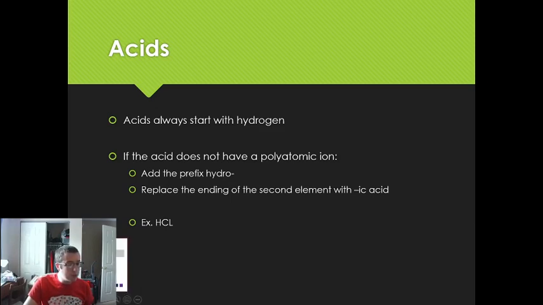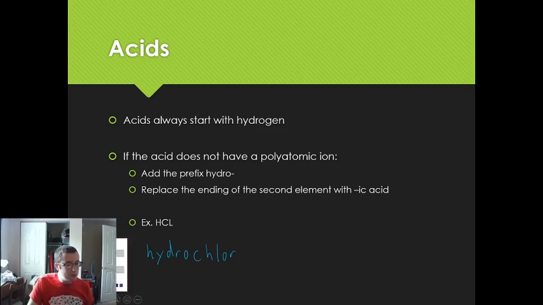I'm going to go through that process. Since we have Cl there, or chlorine, that is not a polyatomic. Because it's not a polyatomic, I'm going to go ahead and put my prefix hydro. Then I'm going to write chlorine, but I'm going to need to chop off the end of it. So we'll replace the end there.